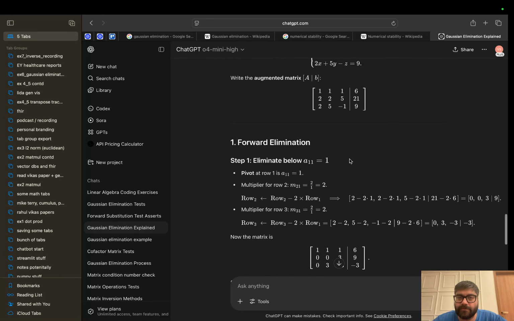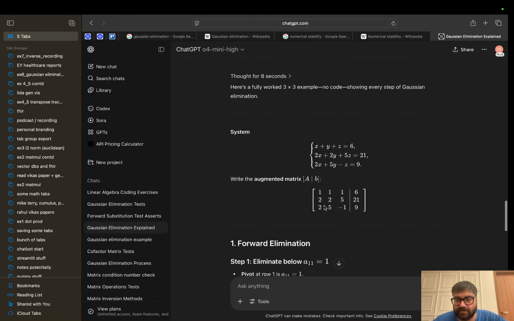So, for example, I'm going to start with this one. Now, I can clearly see that I can get rid of this 2 by multiplying the first row, 1, 1, 1, 6, by 2 and subtracting that from the second one. That would leave me with the second row being 0, 0, 3, because 5 minus 2 is 3.